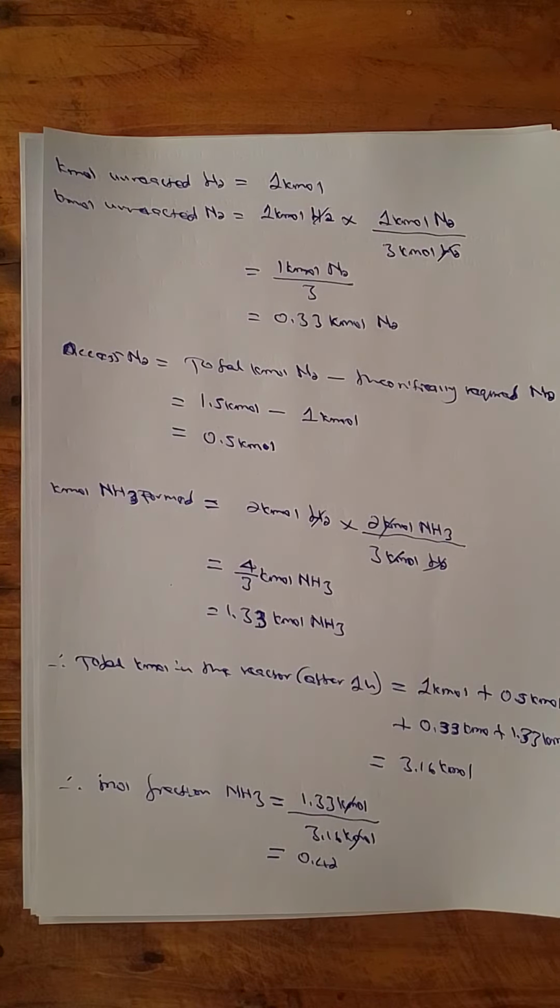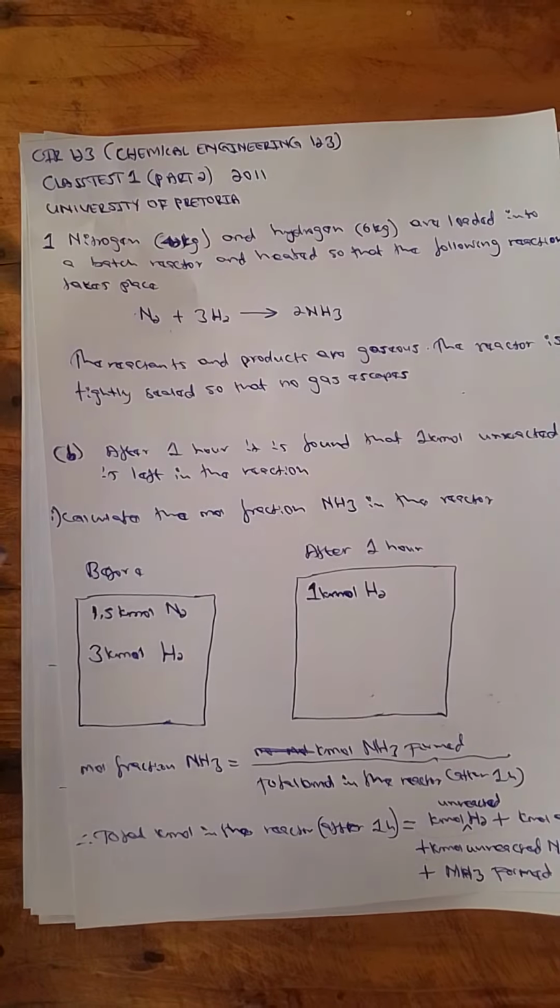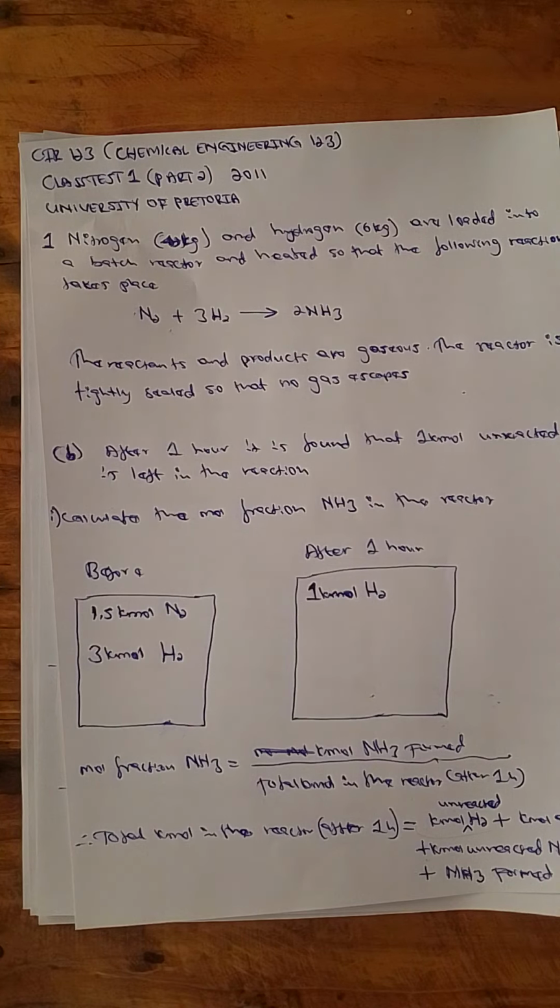That becomes the answer that part B Roman figure 1 is asking for: calculate the mole fraction of NH3 in the reactor.